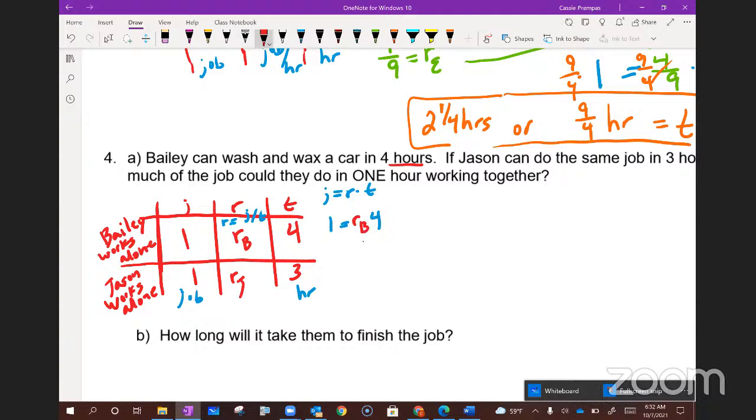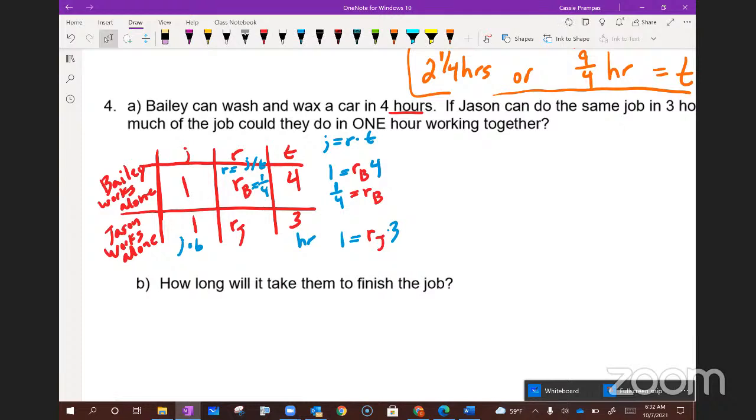So obviously we would divide by 4 and we can see that the rate of Bailey is equal to, she can do 1/4 of the job per hour. So she's 1/4. In a similar fashion, Jason can do one job in 3 hours, so the rate of Jason times 3.